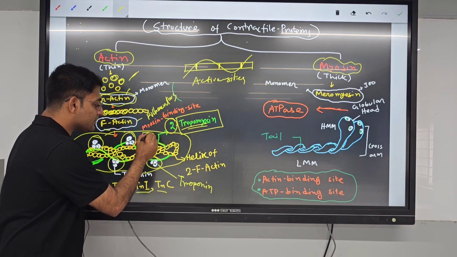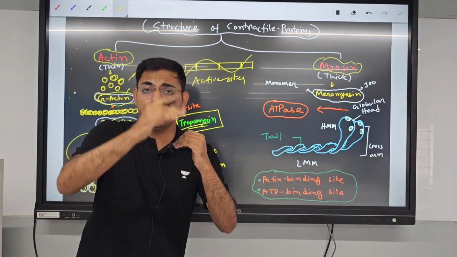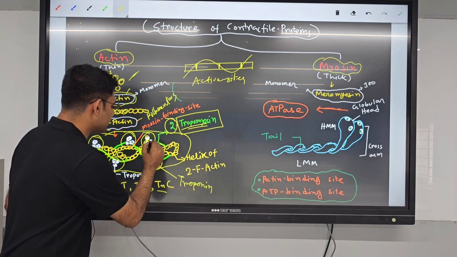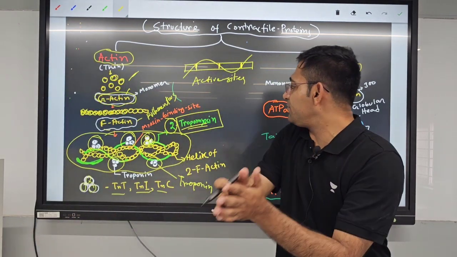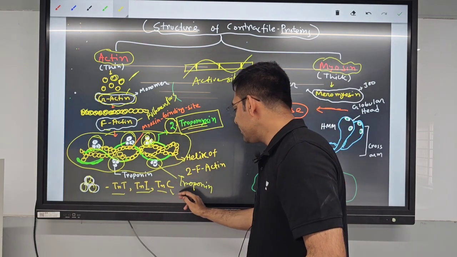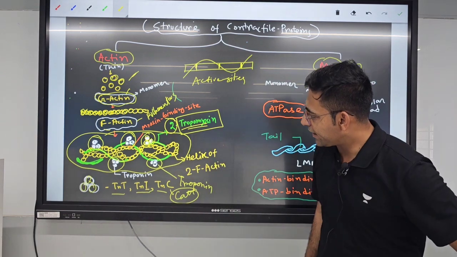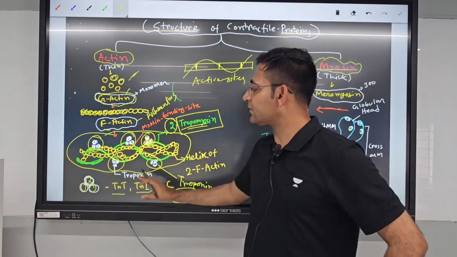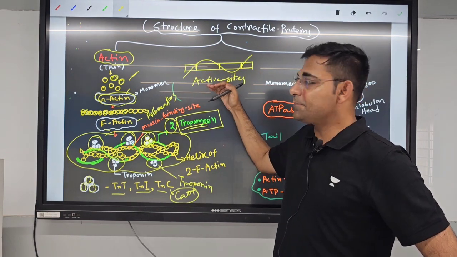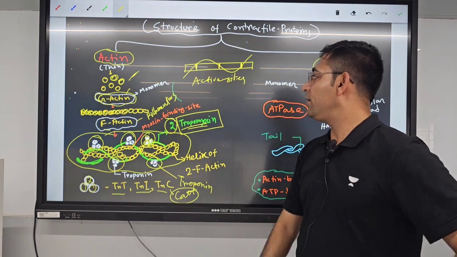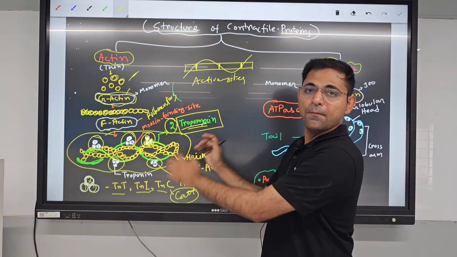Troponin I is the segment by which it inhibits or blocks the attachment of myosin. Troponin C has affinity towards calcium ions. So this is the configuration of actin. In the normal condition, the actin is inactivated, masked by the dual function of troponin and tropomyosin.